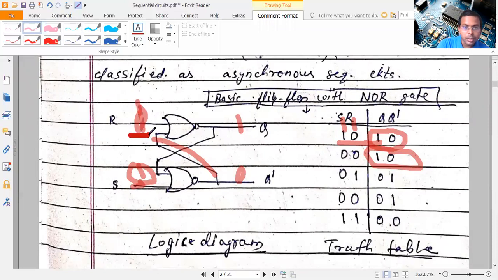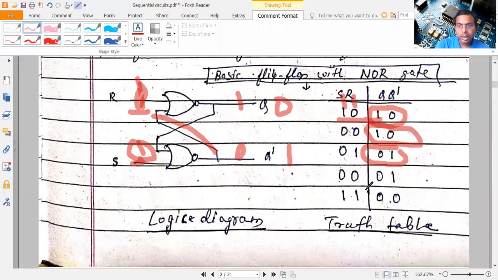Again, this is 1, so the output goes to 0 instantly. This 0 reaches here and the other 0 is still there, so both 0 will bring this to 1. So the output remains as you can see.